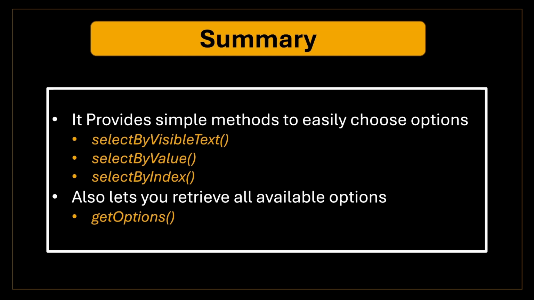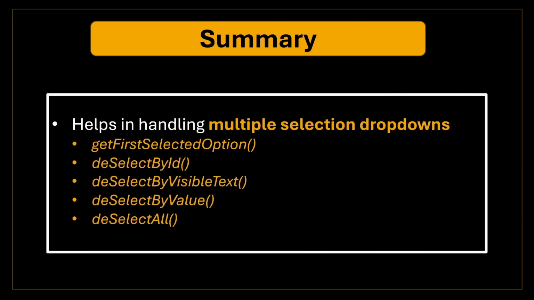Along with this, it also helps in handling multiple selection dropdowns by allowing us to perform operations like deselecting an option, getting the first selection, and so on. It's designed specifically for these types of dropdowns, making your automation scripts more efficient and readable. It's perfect for handling dropdowns implemented using the select tag.